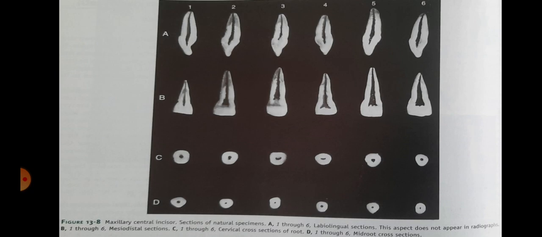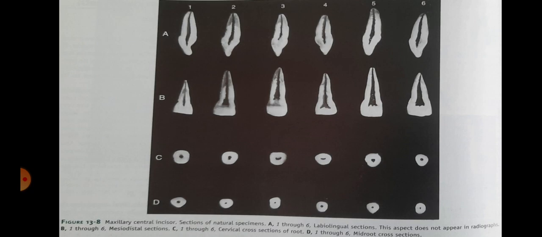Below the cervical area, the root canal tapers gradually, ending in a constriction at the apex of the tooth called the apical constriction.